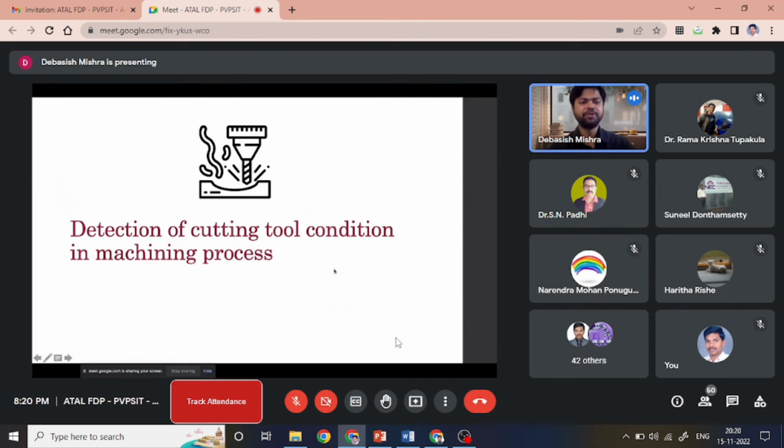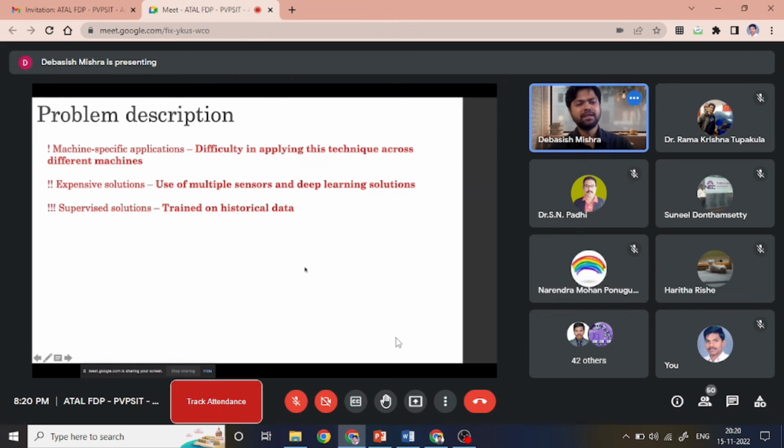This is another work, which is determining the condition of the cutting tool in the machining process. What we identified as a problem here is that most of the methods provided for detecting the cutting tool condition are machine specific.